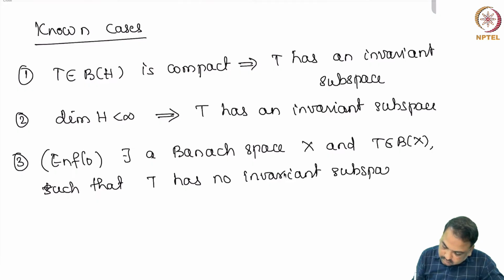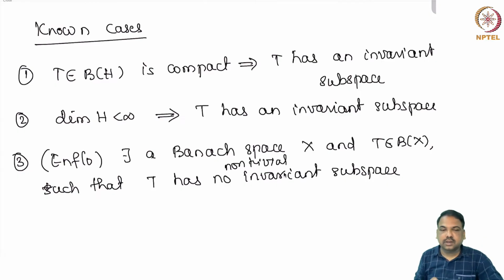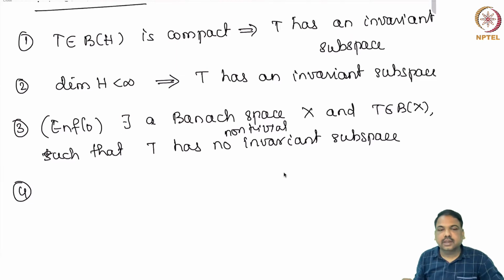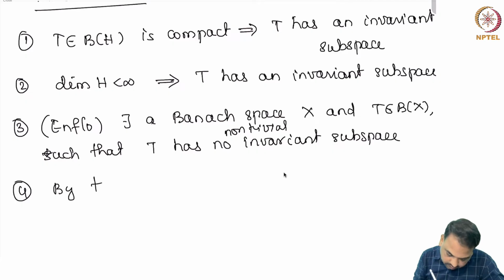Here we mean non-trivial, because T can always have the trivial invariant subspaces 0 and H. By the spectral theorem, we can say that every normal operator on a Hilbert space also has an invariant subspace. This we will be proving at a later stage.